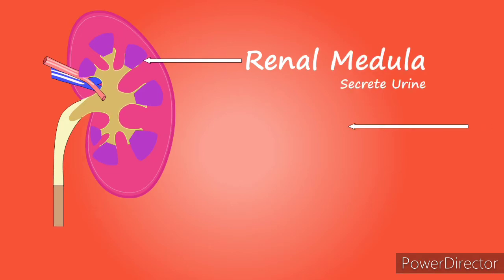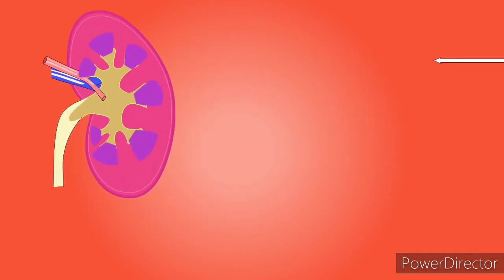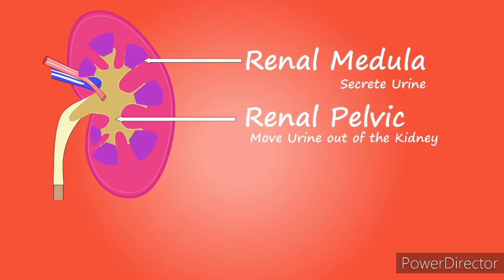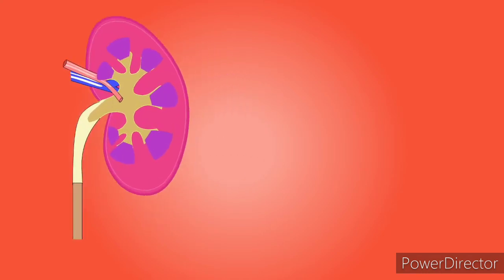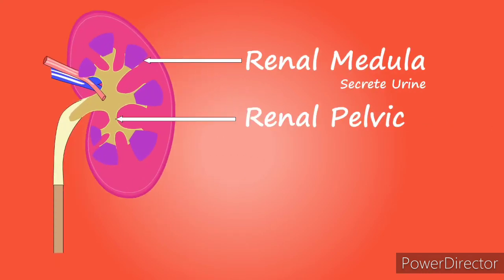So normal urine is made up of about 75% of water and 5% end products of metabolism, such as urea, uric acid, creatinine, sodium, potassium, chloride, calcium, phosphates. All these are being suspended in urine.